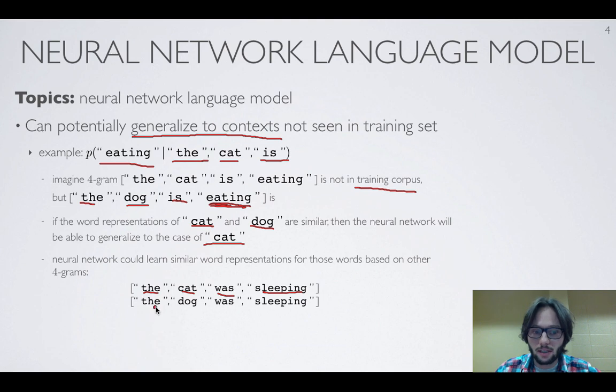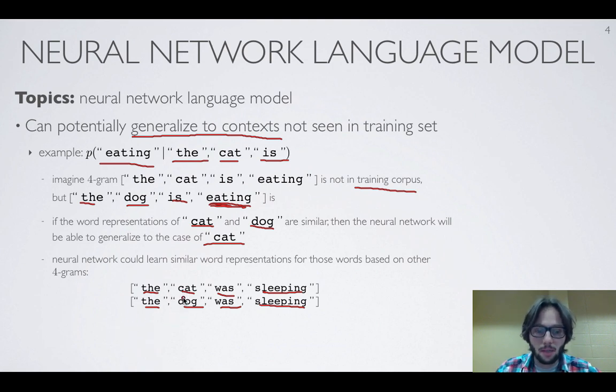And then maybe it also has seen "the dog was sleeping". So from these two observations, it has learned that for both "the cat was sleeping" and "the dog was sleeping", it should have some meaningful probability of seeing "sleeping" after "the cat was" and after "the dog was". So that's a signal that perhaps the representation of cat and dog should be similar.